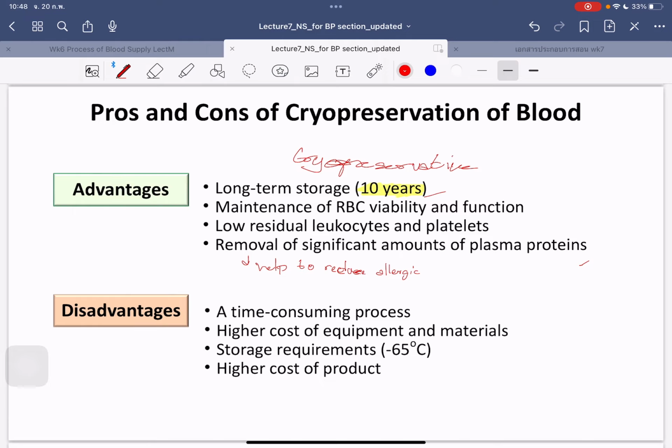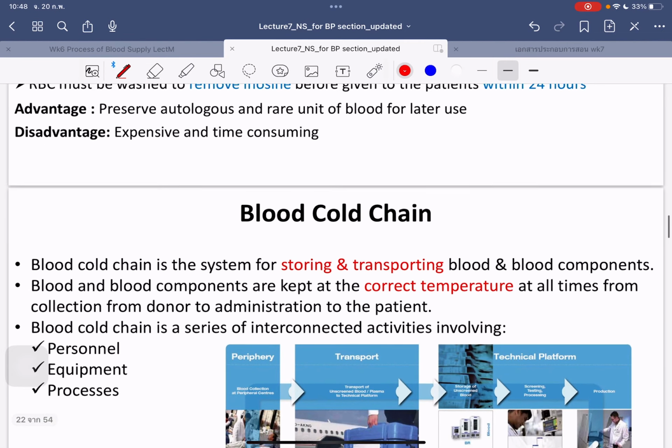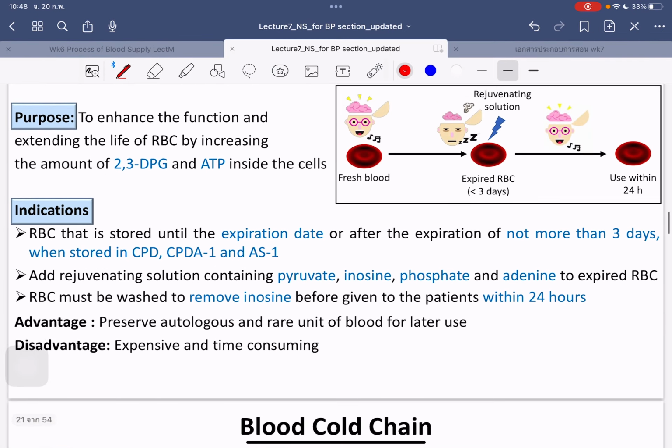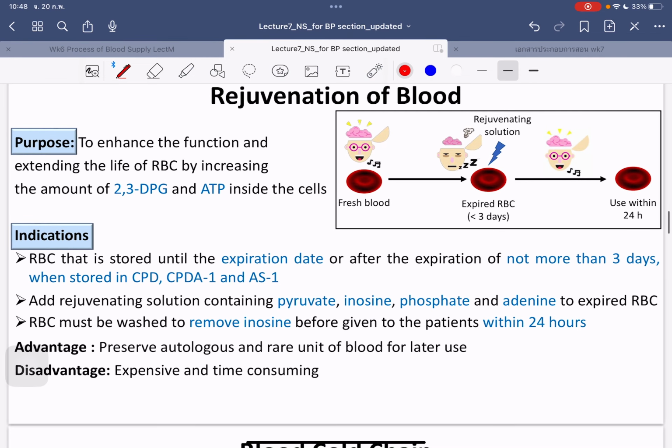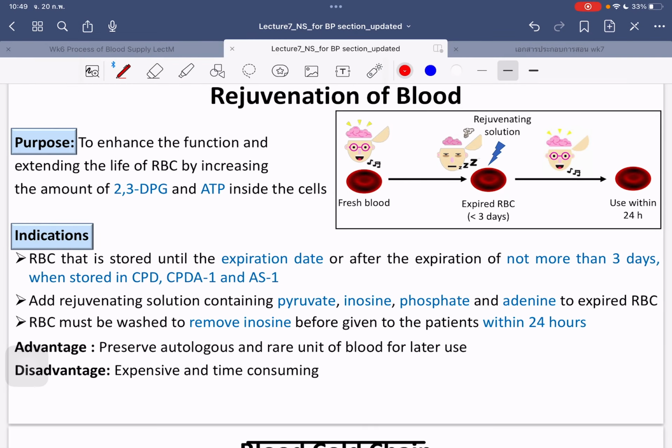Right now, we don't have enough blood donors. And sometimes when you work in the hospital, the doctor wants you to hold blood for a patient until it expires. It means that the blood unit cannot be used anymore. So we have another method to recover or rejuvenate the blood.